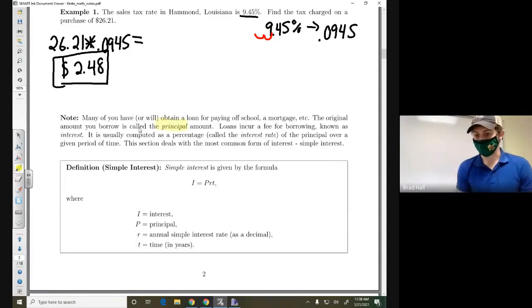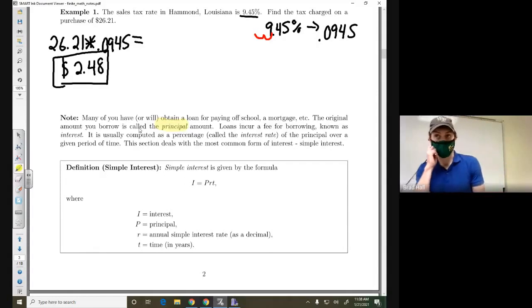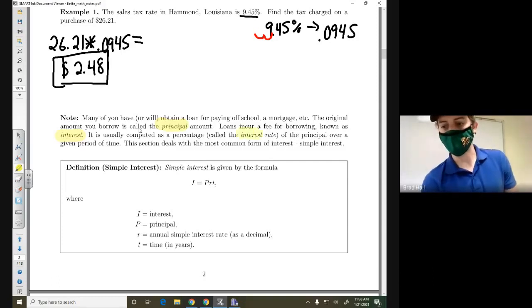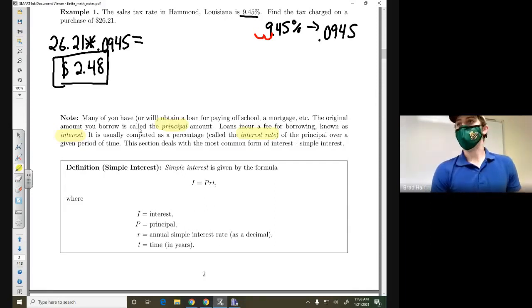So we're going to be using that term a lot throughout this section. Loans incur a fee for borrowing known as interest. Interest is the fee. The interest is normally computed as a percentage. The percentage is the interest rate, the rate of interest. So that would be like the 9.45% from the previous example.